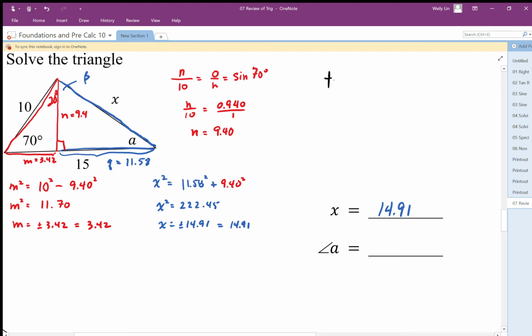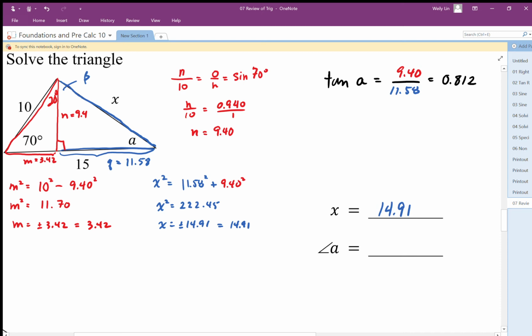So tan of angle A is equal to 9.4, my rise or opposite, over my adjacent, or run, which is 11.58. I'm going to work out that decimal first and then undo it. 9.40 divided by 11.58 gives me a tan ratio of 0.8117, and I'm going to round that to 0.812.